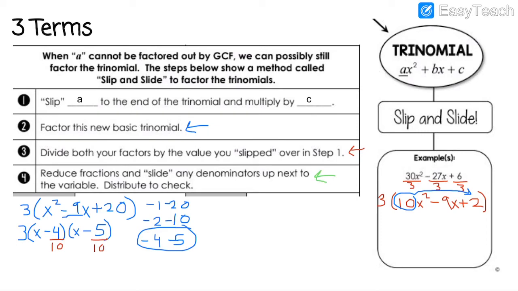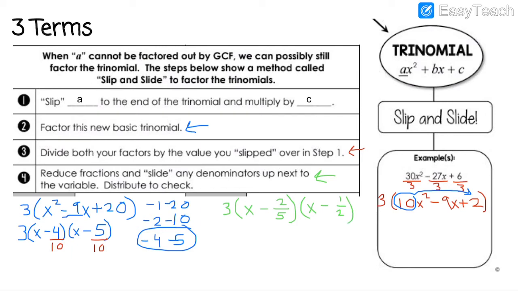And then on to step 4, we need to reduce our fractions. So I'm going to reduce 4 divided by 10. That gives me 2/5 when I reduce that. And 5 divided by 10, that will give me 1/2 when it gets reduced.